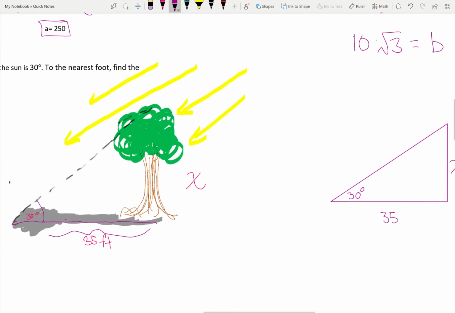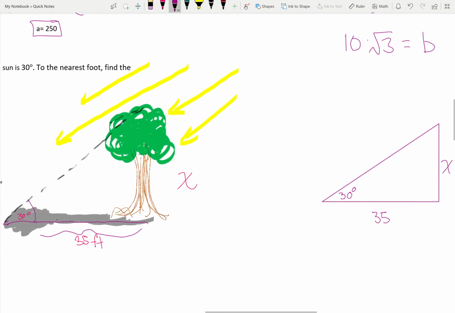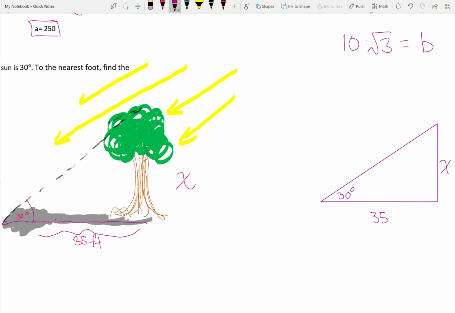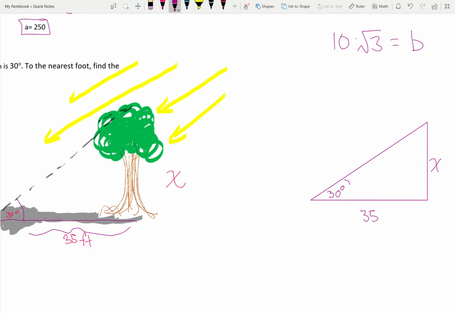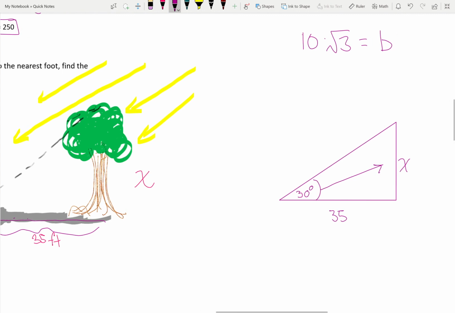So notice how this picture on the left is similar to this picture on the right. And what they want us to do is find out what x is equal to. Well, x, relative to this angle that they gave us, is on the side opposite. And the shadow is on the adjacent side.